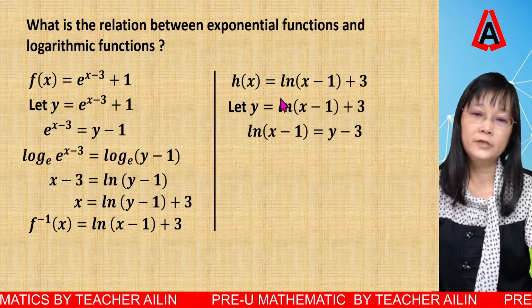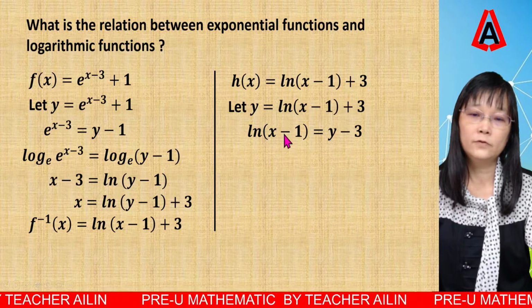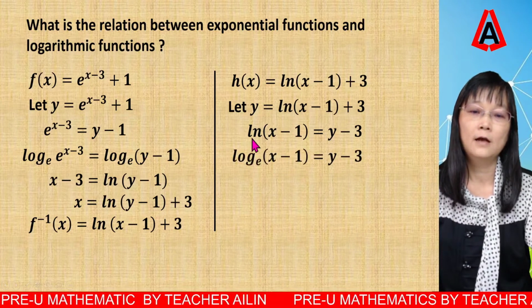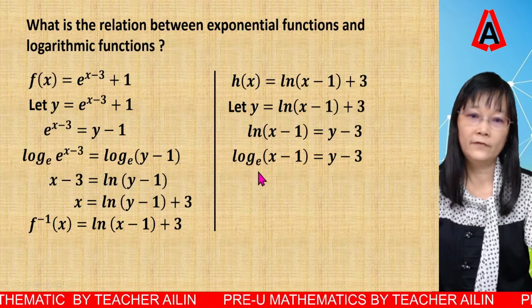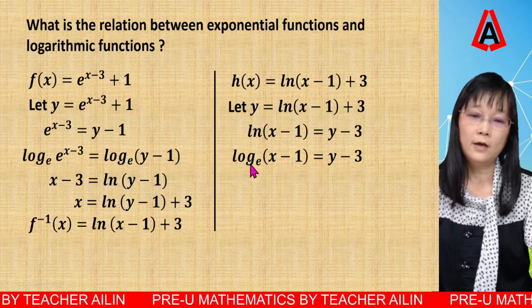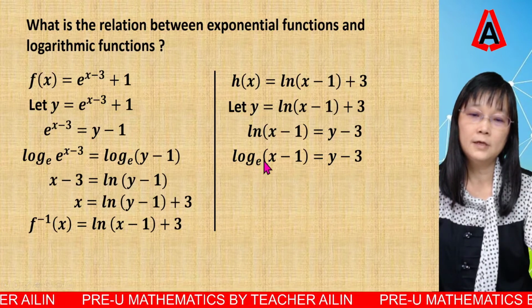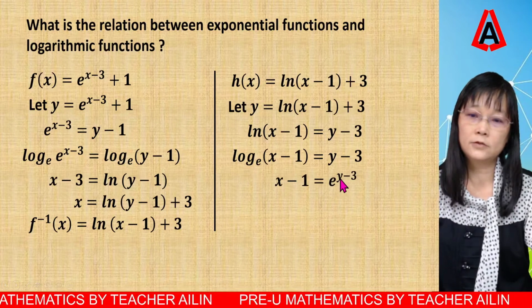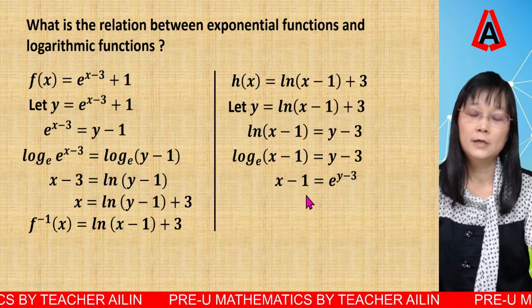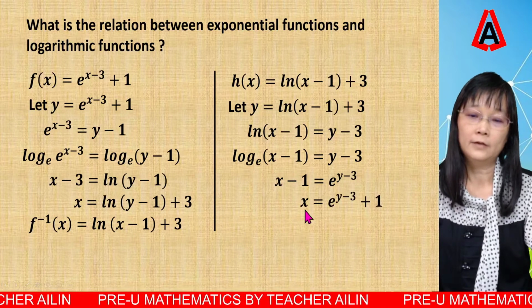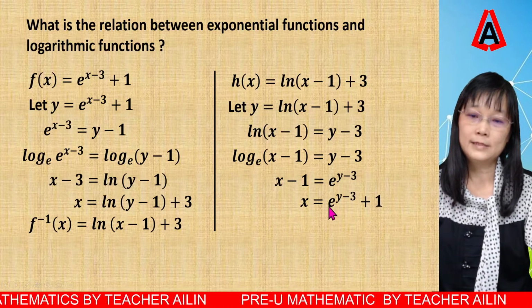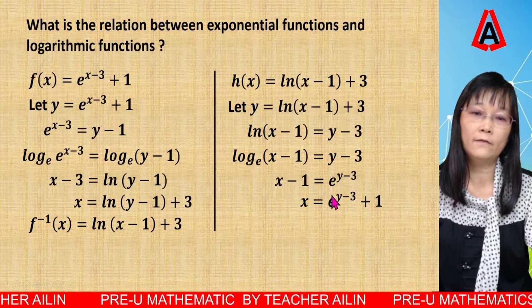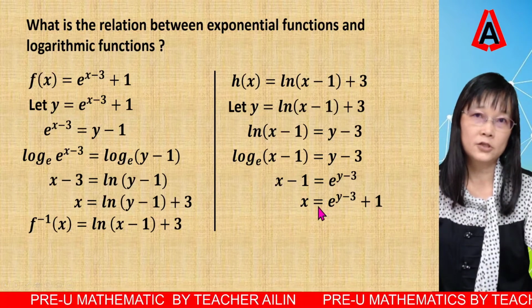When I shift 3 to the other side, to find x as the subject, since ln is logarithm with base e, I shift the base e to the right hand side and it becomes exponential, e to the power of y minus 3. Now I have x as the subject, equal to e power y minus 3, plus 1. So this is the inverse of the function h of x.